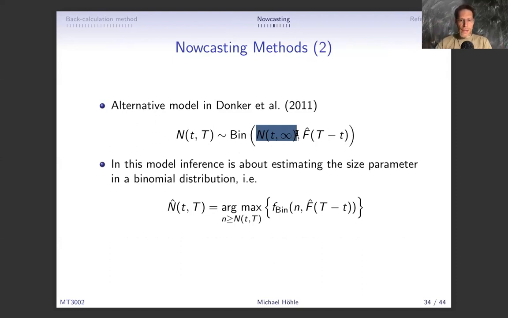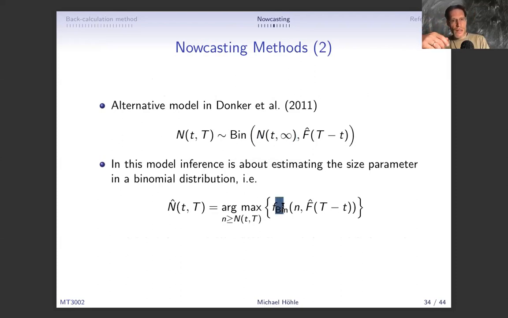One very simple estimator for this is, of course, this one here, but you can do it a bit more likelihood-based. What you're going to do is try out every value of n for the binomial distribution, where you start with n_T, because that's the smallest possible, and increase n one by one by one.